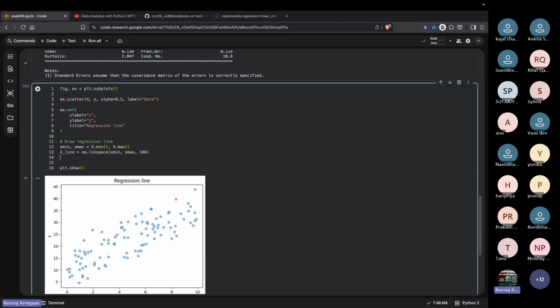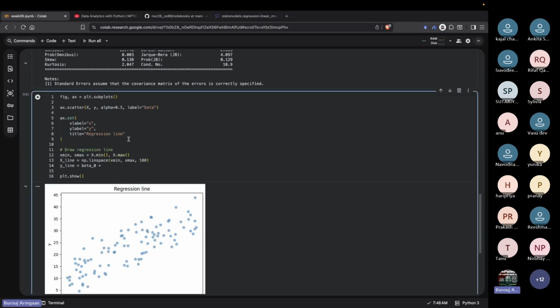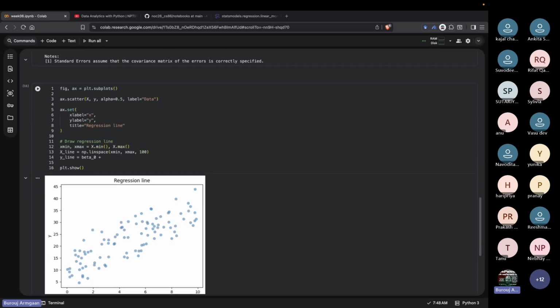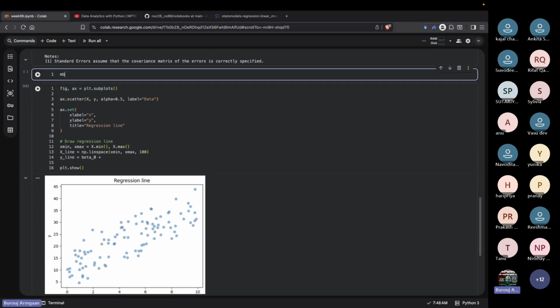We would like to say y underscore line is equal to beta 0 plus, so essentially our beta 0 and beta 1 in this case are, beta 0 comma beta 1 is equal to model underscore 1 dot params.